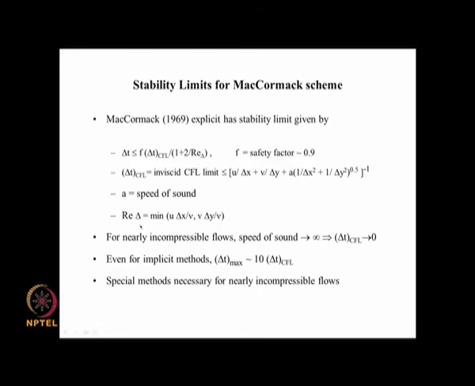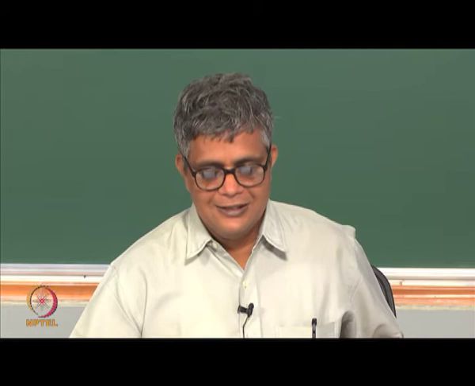You can progress in time only with infinitesimal time steps, and that is realistically not possible. If you go for implicit methods, you can go for larger time steps, but again you do not want such a large time step, because as you are changing u, v and w are also changing, and you are not taking account of that. Densities are also changing and enthalpies are changing.